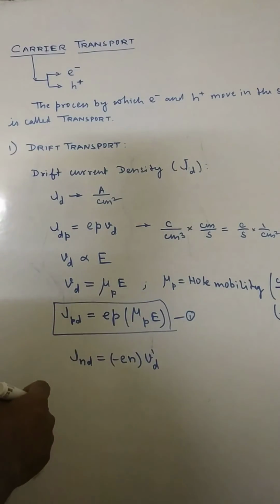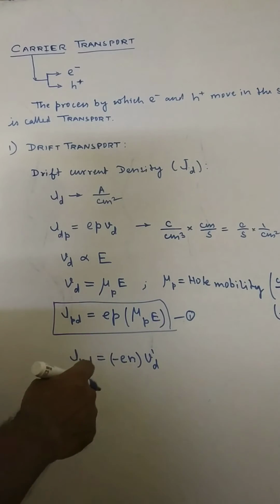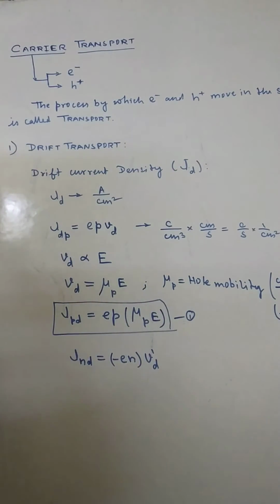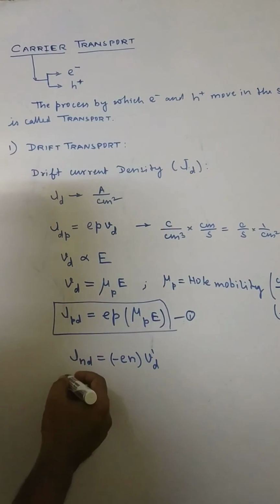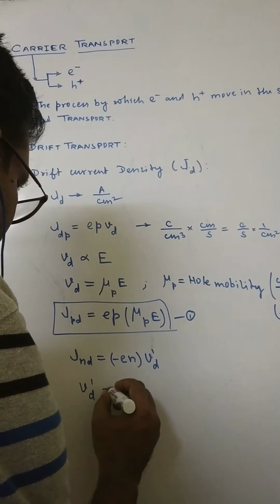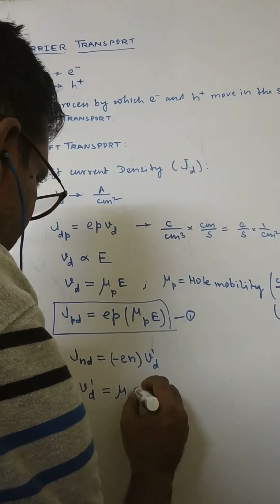That we will discuss while discussing mobility, where I will explain how V dash D and VD are different. V dash D is the same as this, mu N into E.